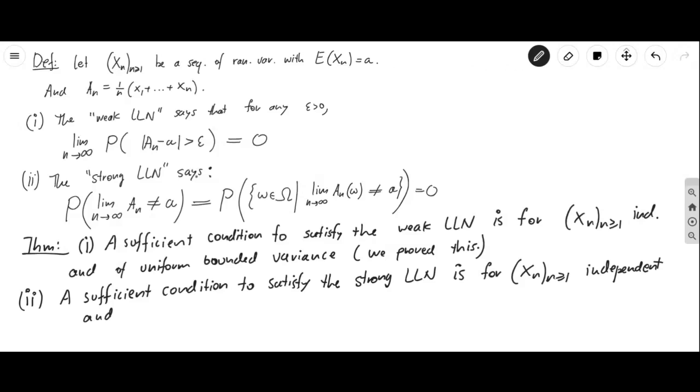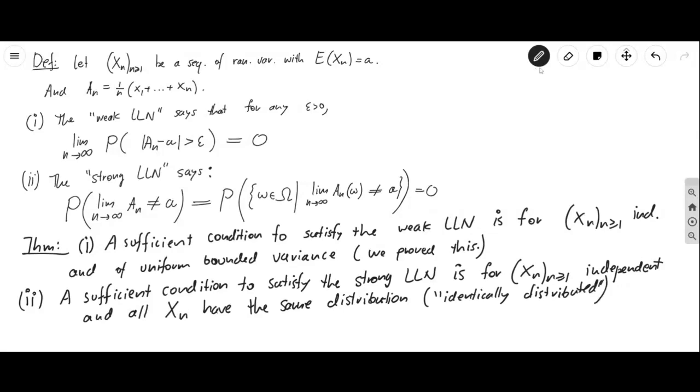Rather, the assumption is going to be that all the X_n have the same distribution. We call this identically distributed.